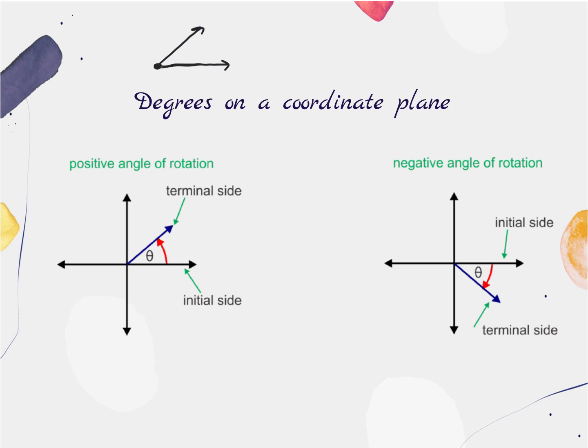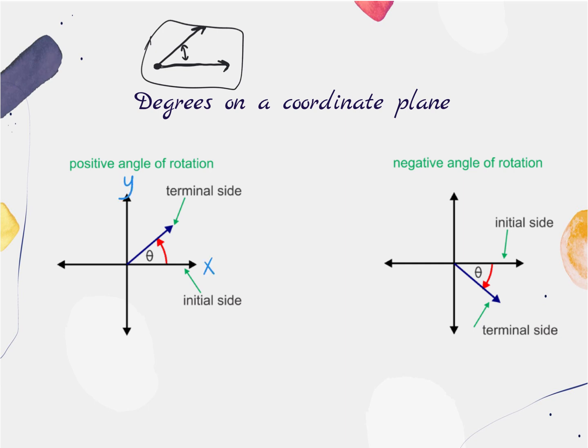It just keeps going forever in one direction. So if I have two rays right here, the measurement that's formed between these two rays is what we call an angle. Now we take this concept and put it on a coordinate plane. So I can call this the x-axis and I can call this the y-axis.